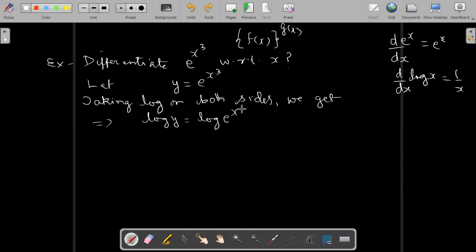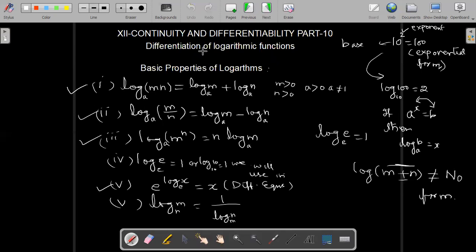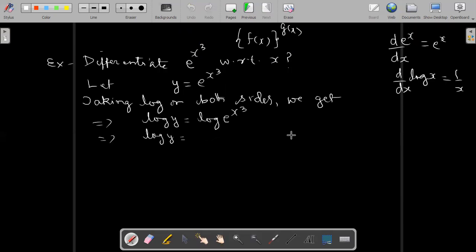Now you have to apply the formula of log on the right side first, that we have seen. These formulas will be applied to make it in the simplest form. So here log m to the power n is equal to n log m.